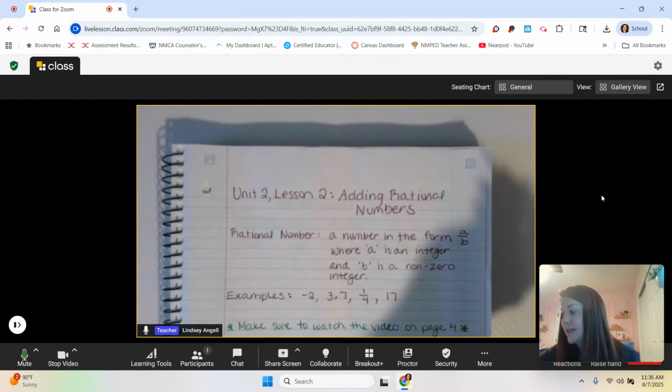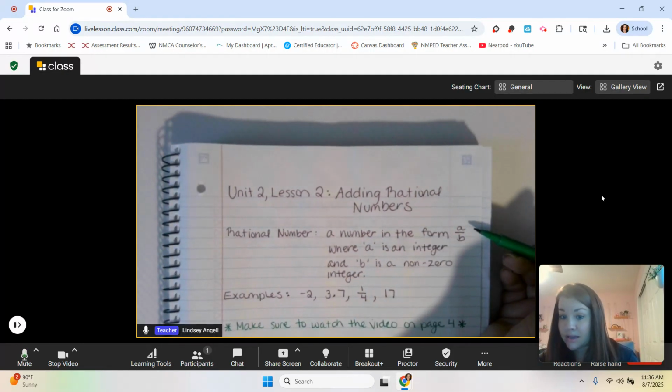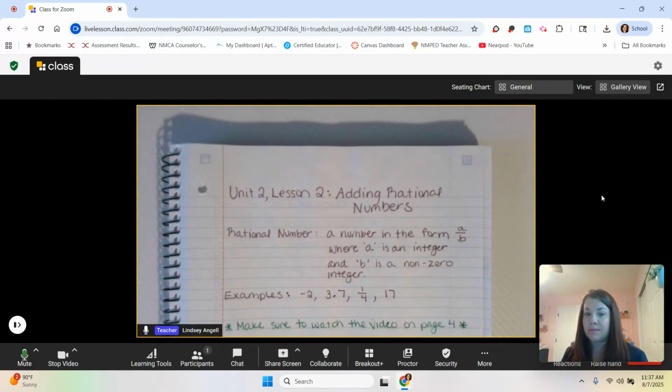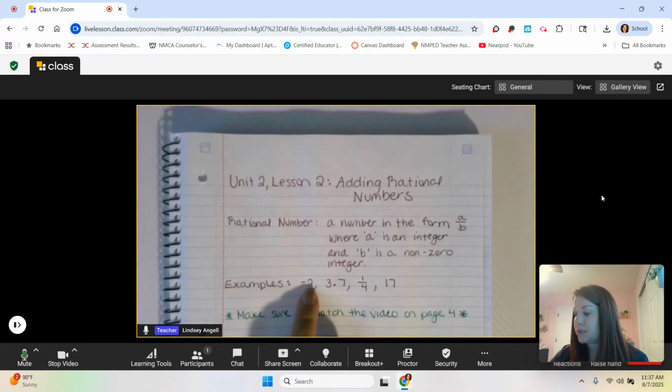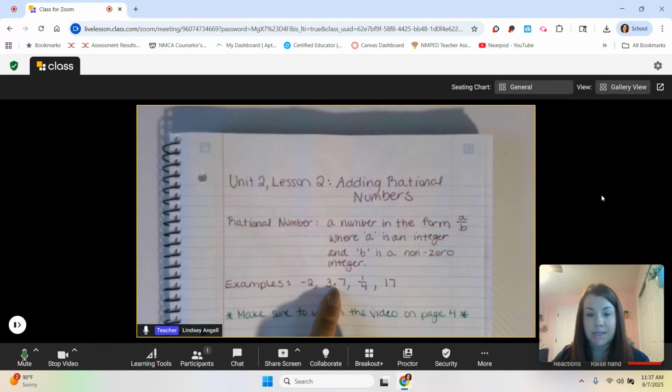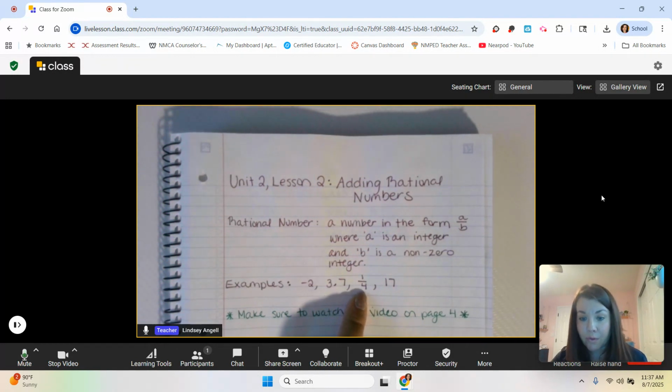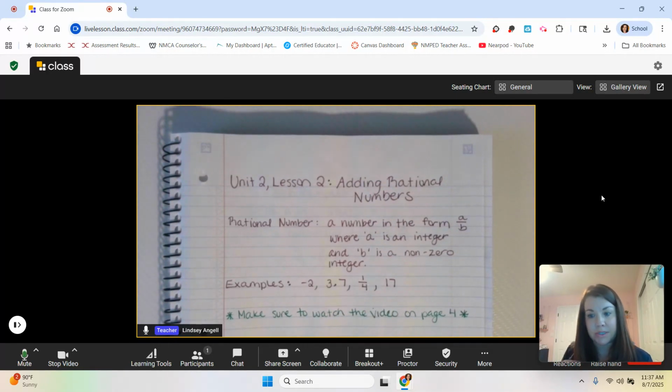What that means is that a could be a 0, b cannot be a 0. Some examples of rational numbers would be -2, 3 7/10, 1/4, or 17. So they include decimals, fractions, whole numbers, negative numbers, 0, all of those things.